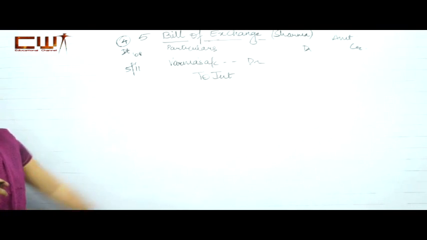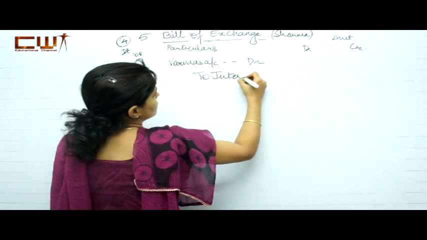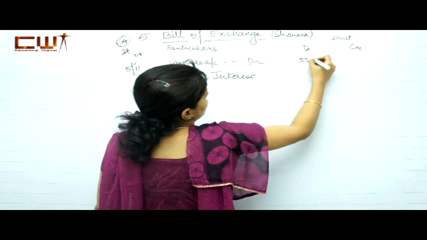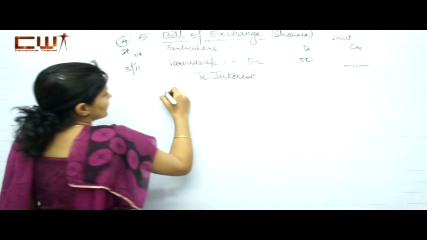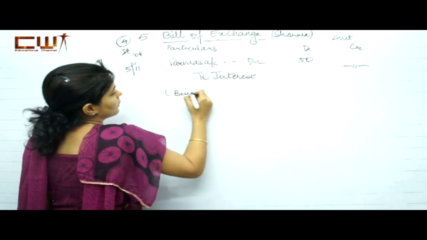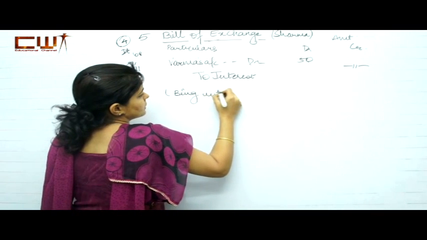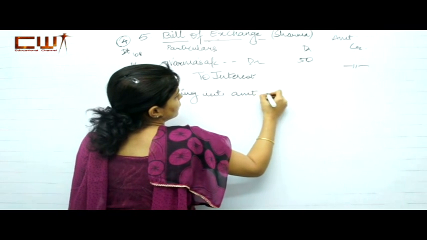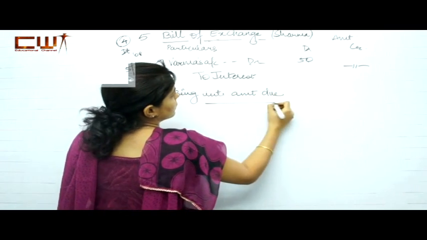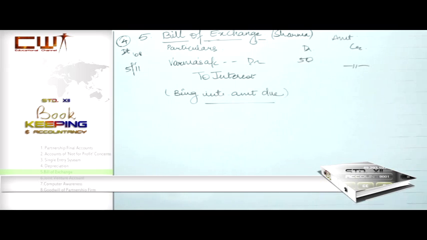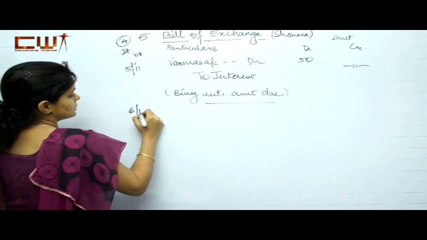Because it is an income, and incomes are always credited. How much? Rupees 50. Being interest amount due. Next you make the new bill, right? So the new bill entry will be on 6/11.